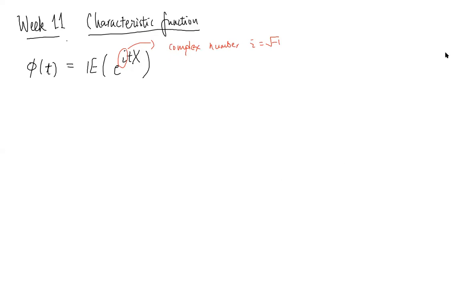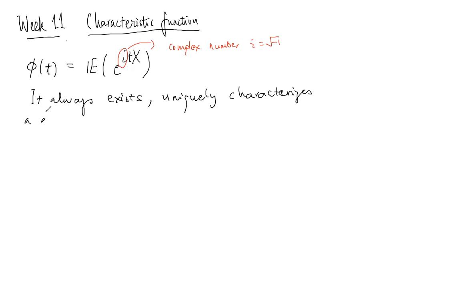So the reason why we want to use the characteristic function is because it always exists, and it uniquely characterizes a distribution. Which means it's like some kind of a barcode.